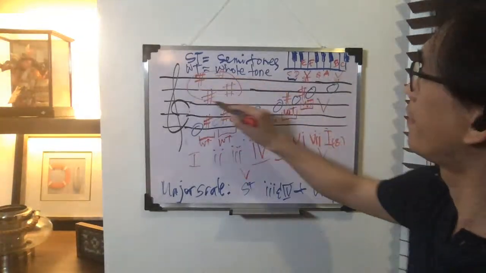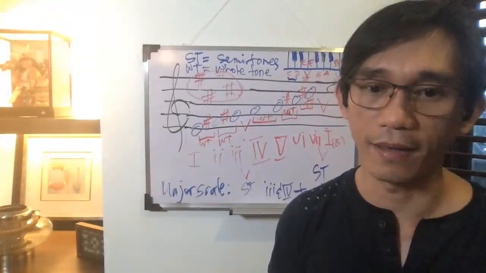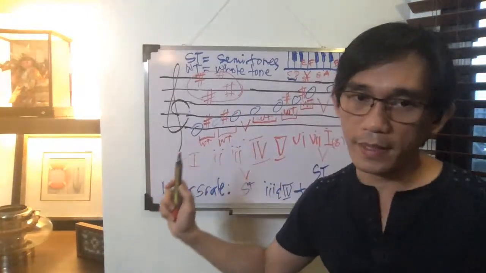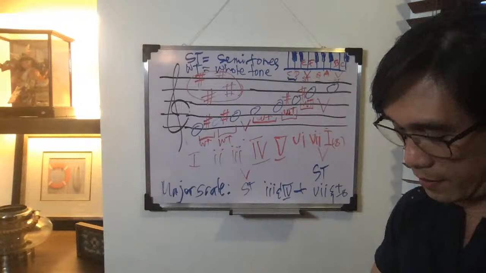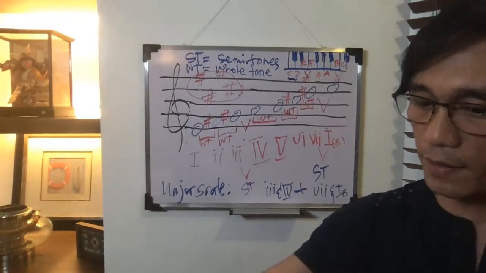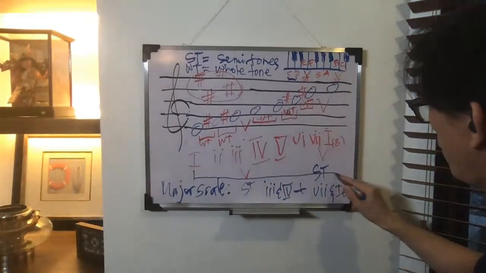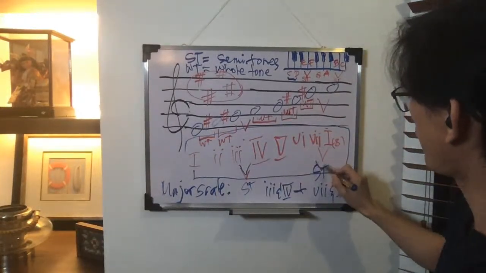Therefore, we have 4 sharps in the E major scale, and this is how you derive them. All the key signatures were actually based on this formula, deriving from this.